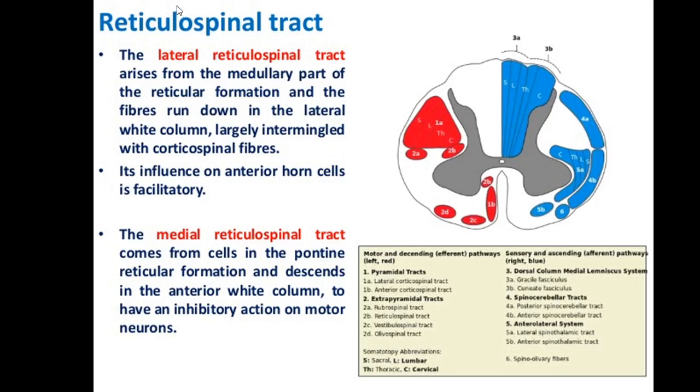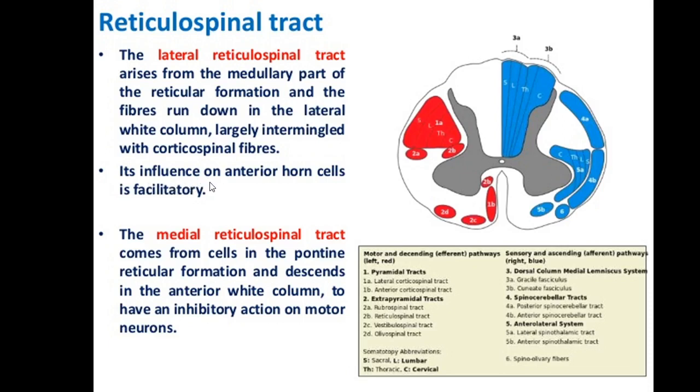Then the reticulospinal tract. There are two reticulospinal tracts, the lateral and the medial. The lateral reticulospinal tract arises from the medial medullary part of the reticular formation and the fibers run down in the lateral white column, largely intermingled with the corticospinal fibers.